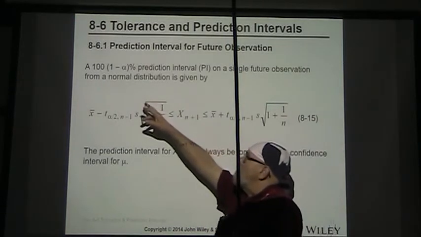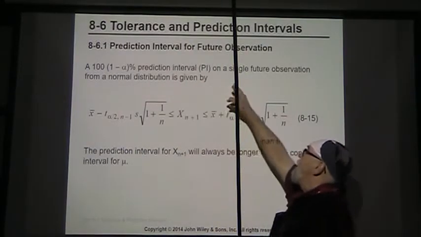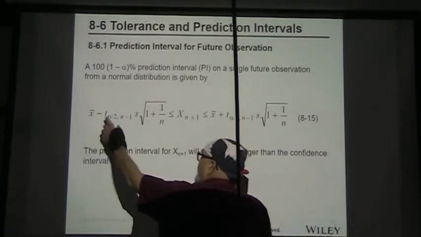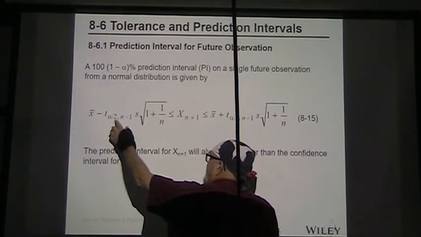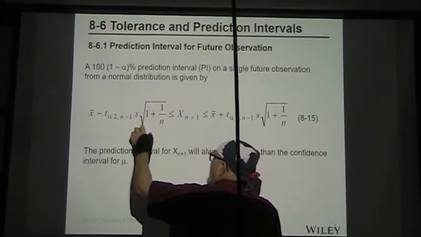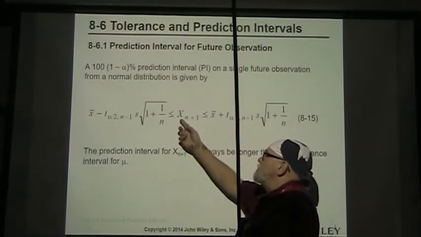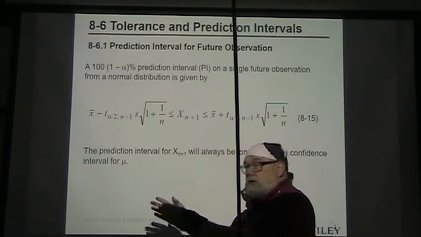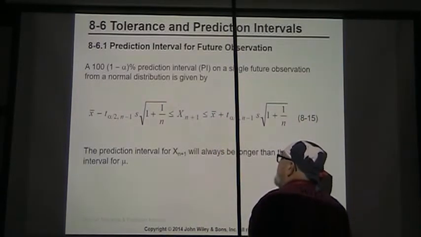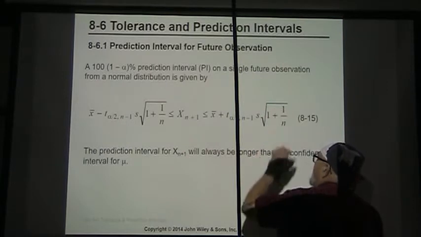A normal 100 times the quantity 1 minus alpha percent prediction interval, or PI, on a single future observation from a normal distribution is given by x bar minus t alpha divided by 2 with n minus 1 degrees of freedom times sample standard deviation times the square root quantity of 1 plus 1 divided by n, is less than or equal to x of n plus 1, our next observation, less than or equal to x bar plus t alpha divided by 2 with n minus 1 degrees of freedom times sample standard deviation times the square root quantity of 1 plus 1 divided by n.